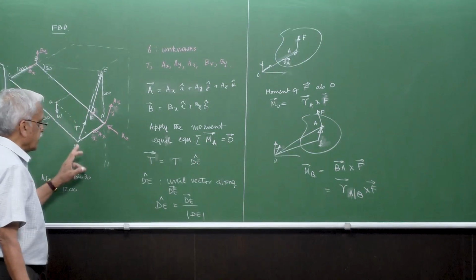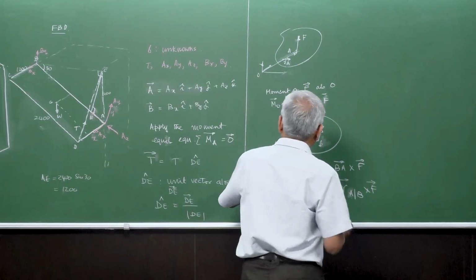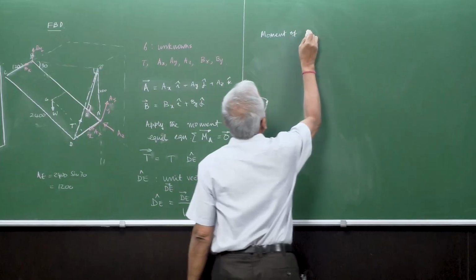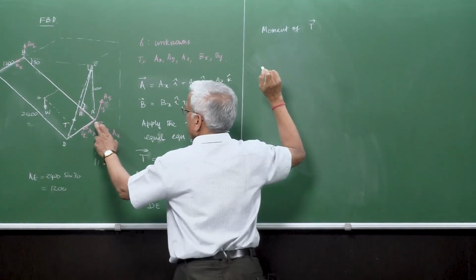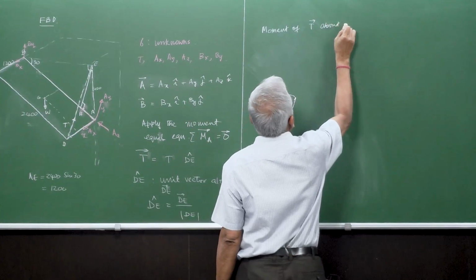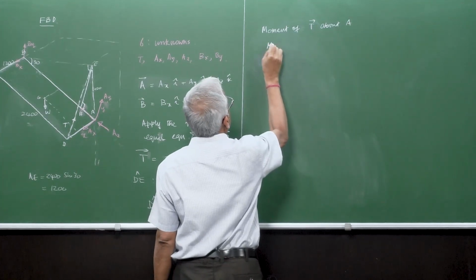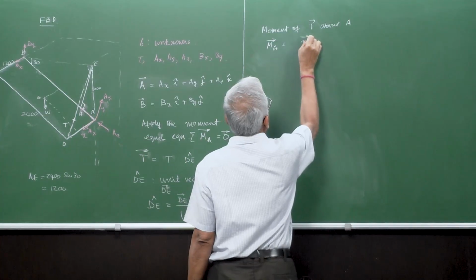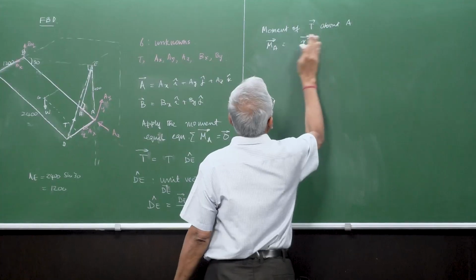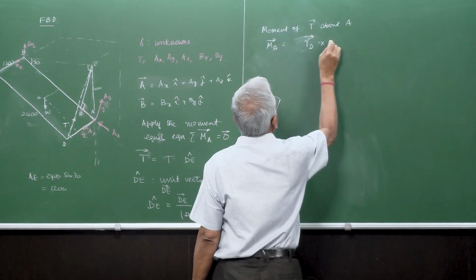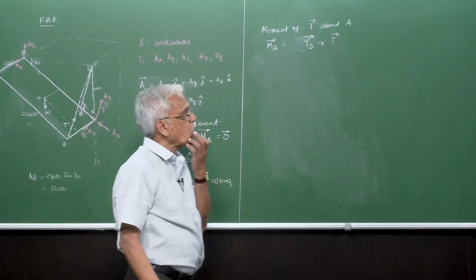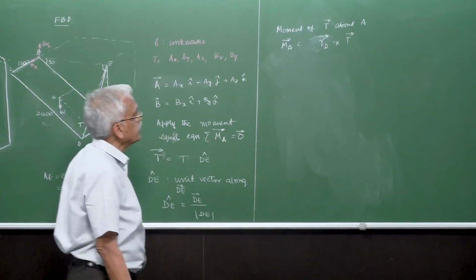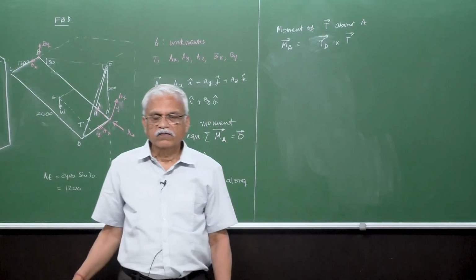So T is acting at D, and if you want to take its moment about point A, since it is acting at D, we use the position vector of D. AD is the position vector of D from the origin, cross the vector T along this.